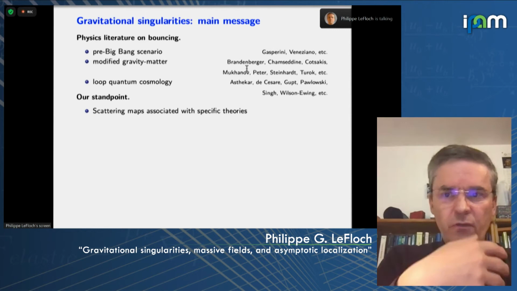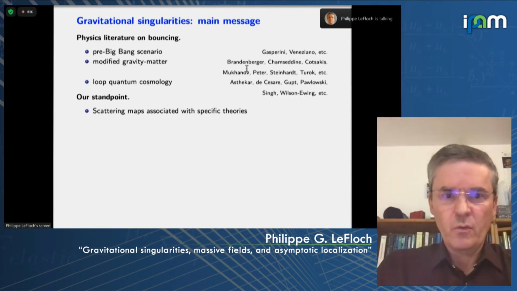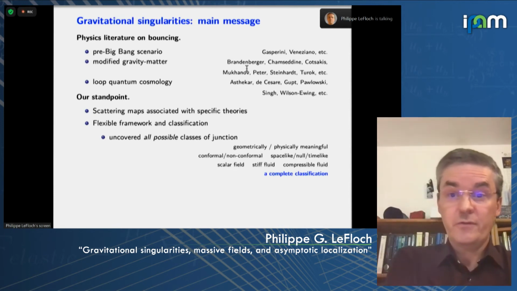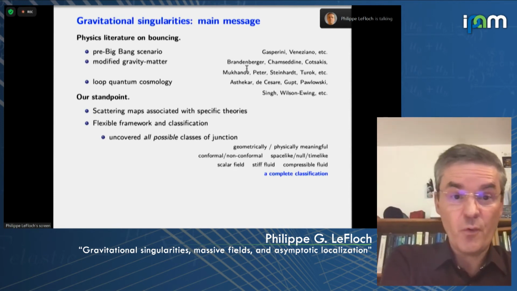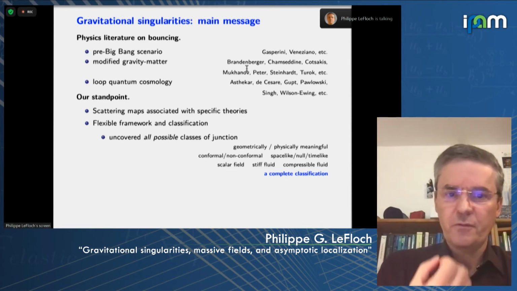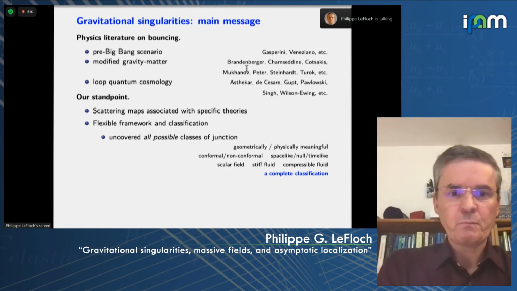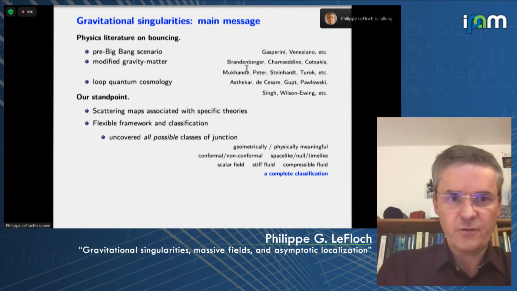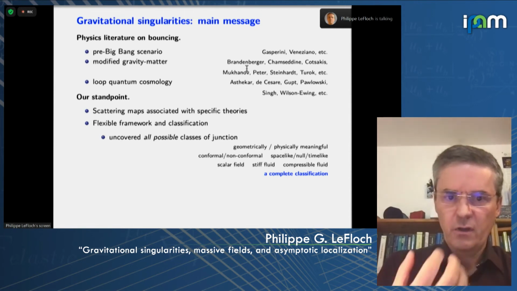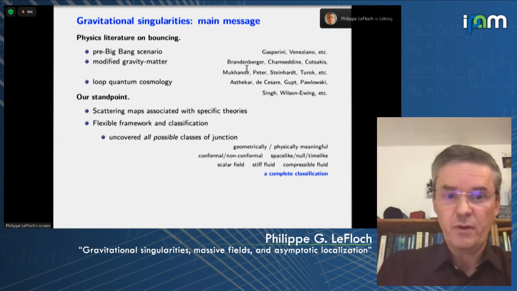In a second stage, we will look more carefully at these different models, but for now we have not done that because, again, our standpoint, so I'm trying to summarize the main message, is that scattering maps, of course, should be associated with some specific theories, but we have the possibility to produce a flexible framework and to produce a classification that tells you all possible junctions that are physically and geometrically meaningful.